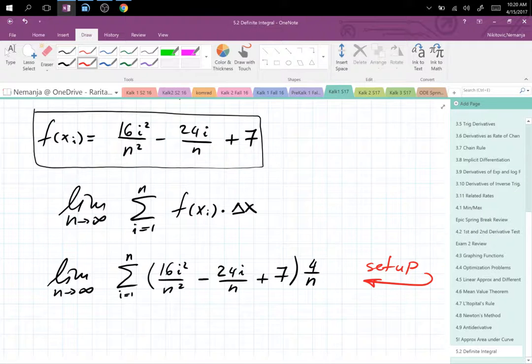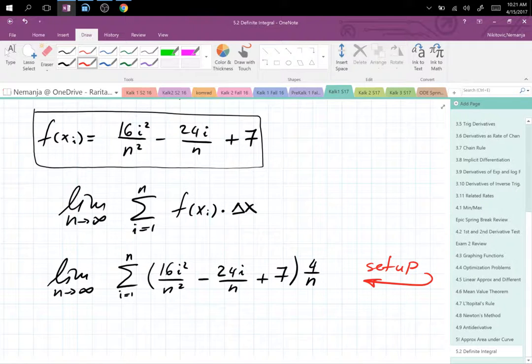What I'm going to do is distribute 4 over n to each one of the summation terms, because we know that sum is addition, and you can distribute into addition. And then I'm going to split this over 3 sums and use formulas to actually add all of those sums. And once I add all of those sums, I will have just a basic chapter 2 limit to deal with.